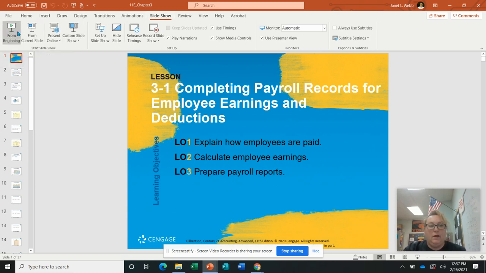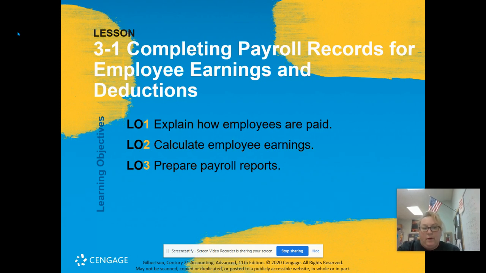We are going to talk today about chapter 3, which is payroll. This is in the advanced book. You have already done payroll at least one time in the non-advanced class, in your Accounting 1 class or even your Accounting 2 class.